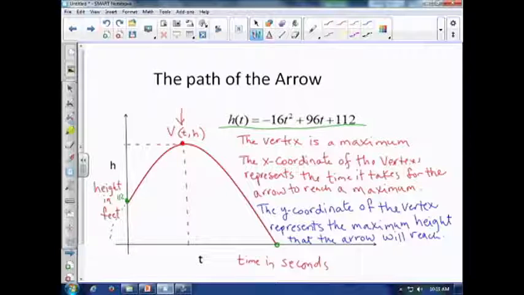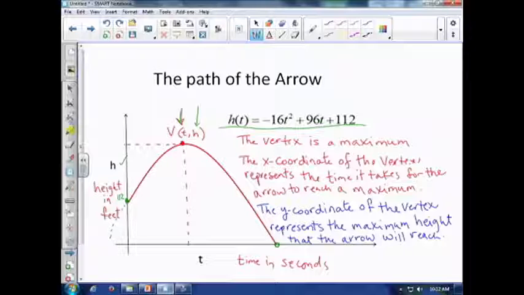And so the vertex has coordinates t for time. That's your x-axis is the time. Your y-axis is the height. And so the vertex being a maximum, t is the x-coordinate of the vertex, and h is the y-coordinate of the vertex.